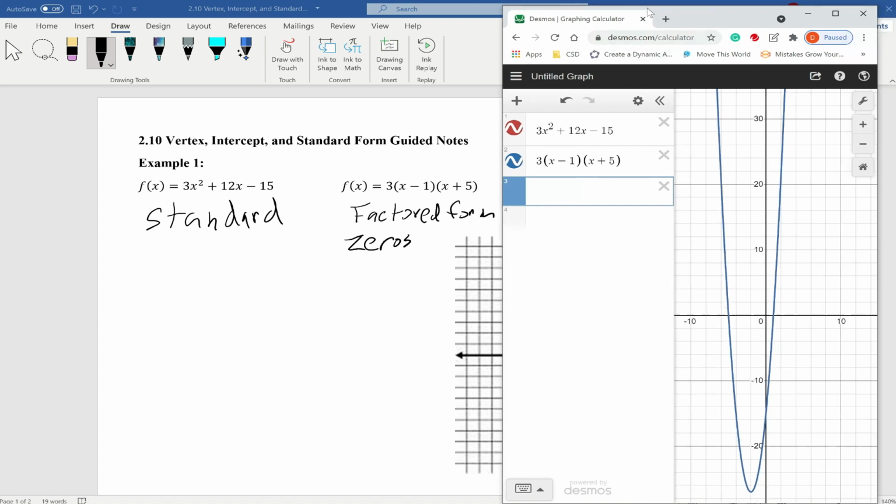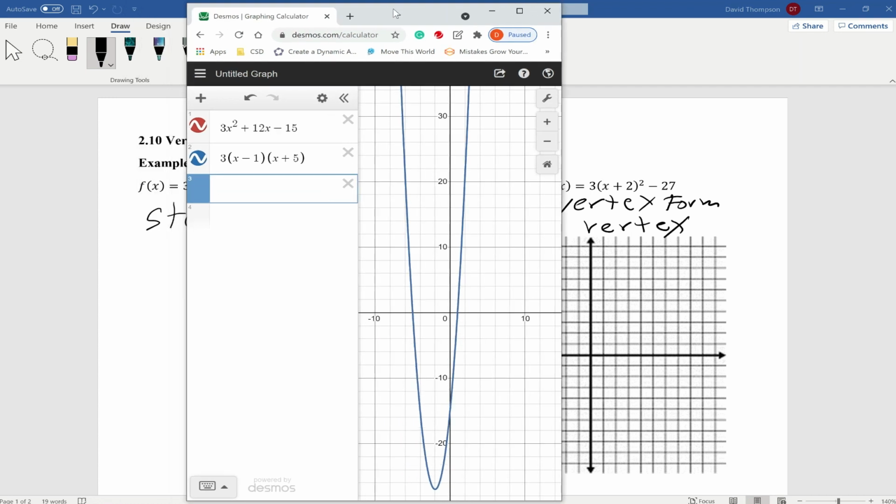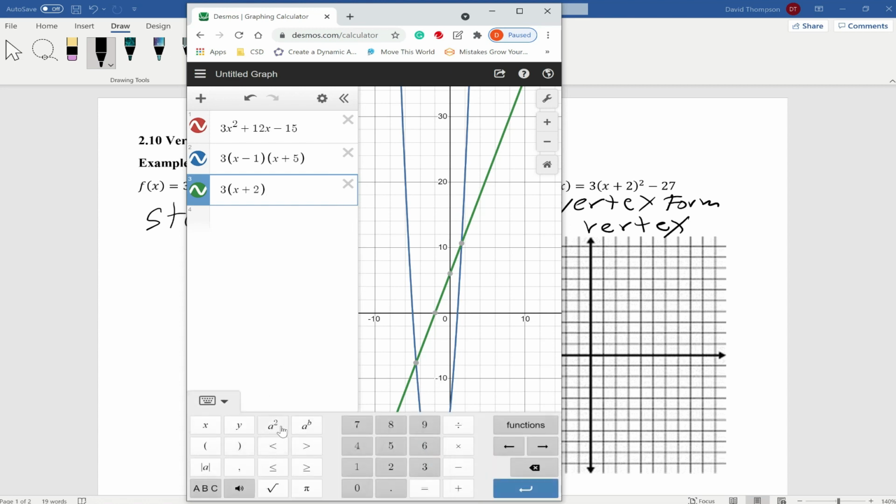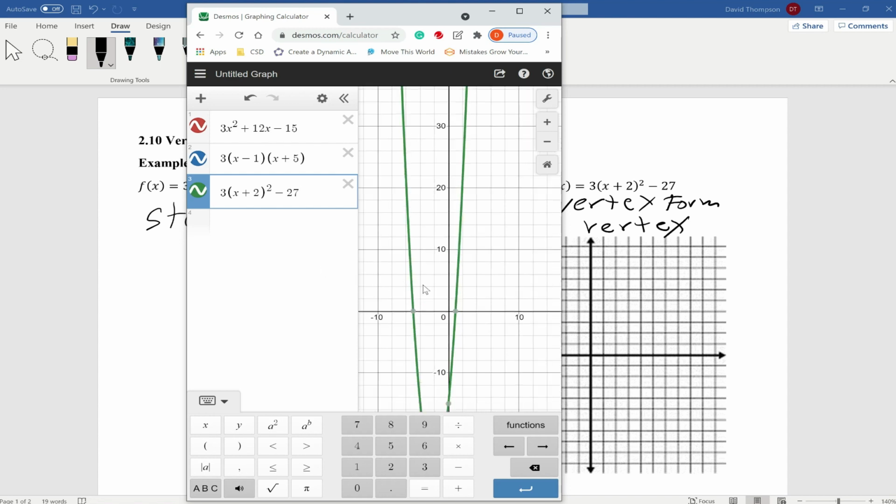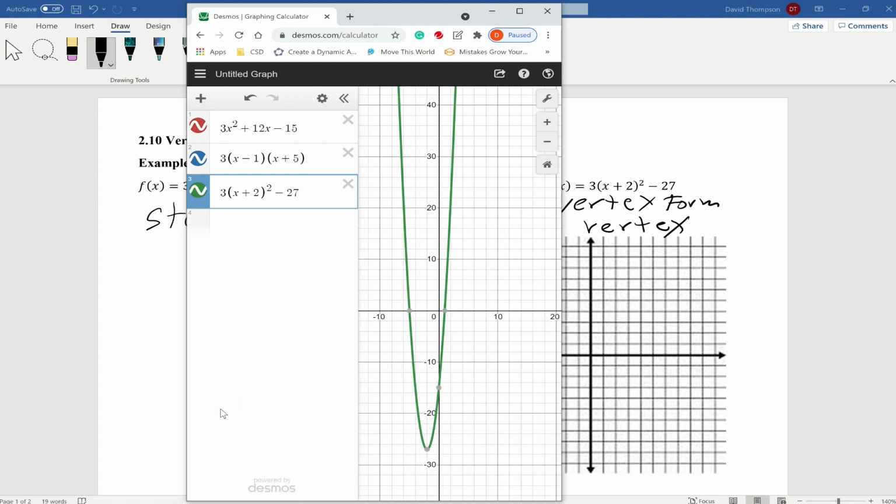And then our last equation, we have 3 parentheses x plus 2, close your parentheses and then square it, minus 27. And interestingly enough, all three of these graphs seem to coincide.